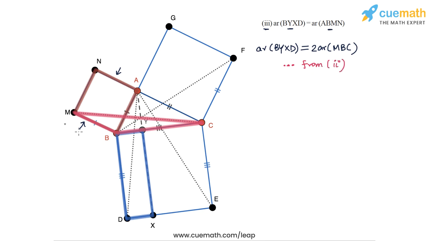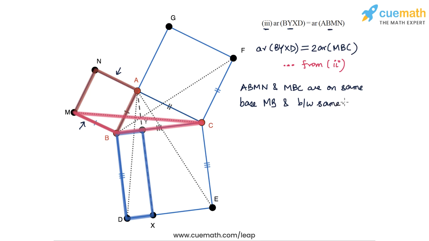And now the square ABMN and the triangle MBC are on the same base MB and they are between the same parallels.